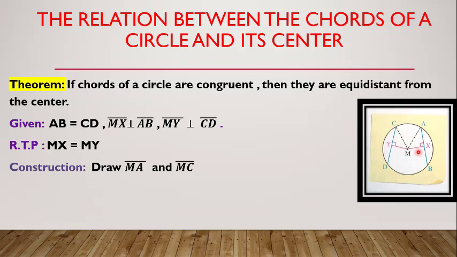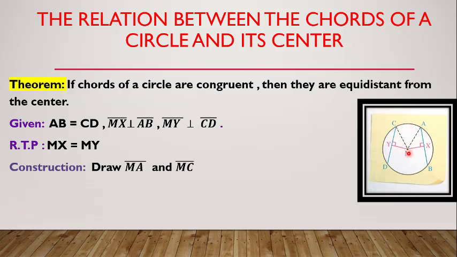We can easily prove that the triangle AXM and the triangle CYM are congruent because we have two right-angled triangles. The hypotenuse is equal because they are two radii, MA equals MC.